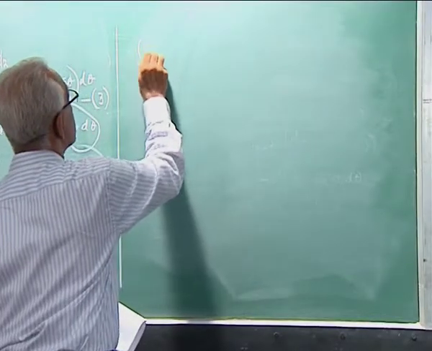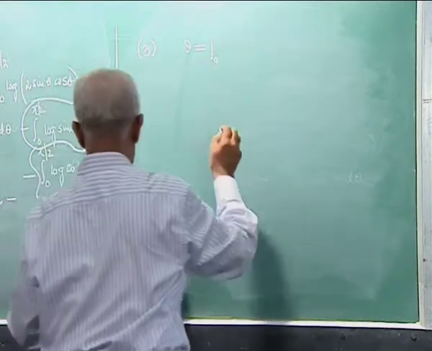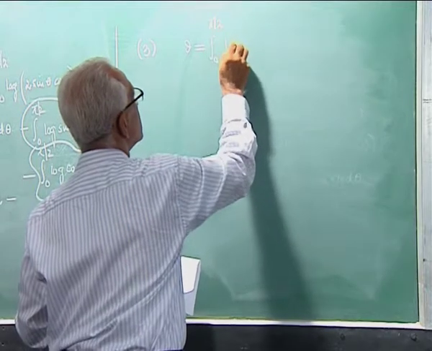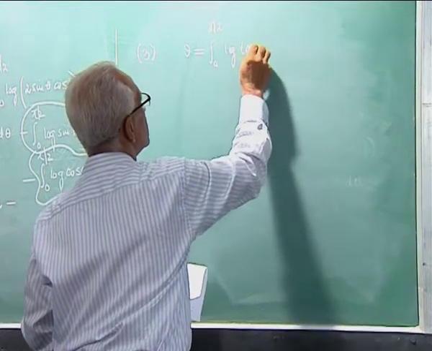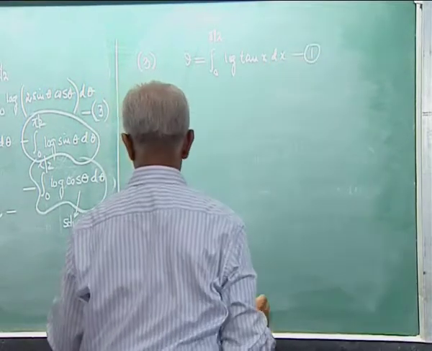Third exercise now. We have the integral equal to 0 to pi by 2 log of tangent of x dx. Let me call it equation 1.